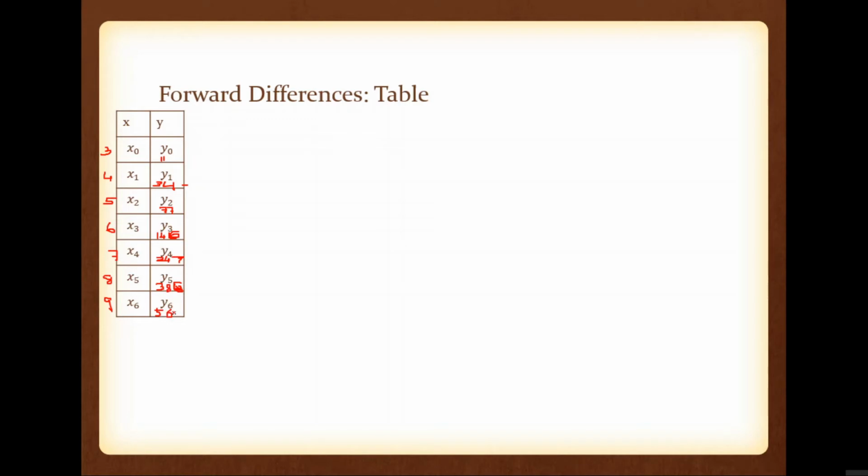So these are the data of the unknown function: 3, 11, 4, 34, 5, 77, 6, 146, 7, 247, 8, 386 and 9, 569.